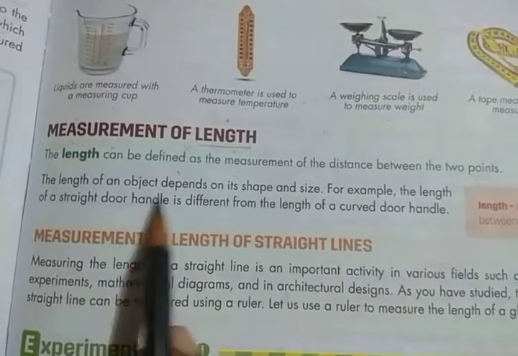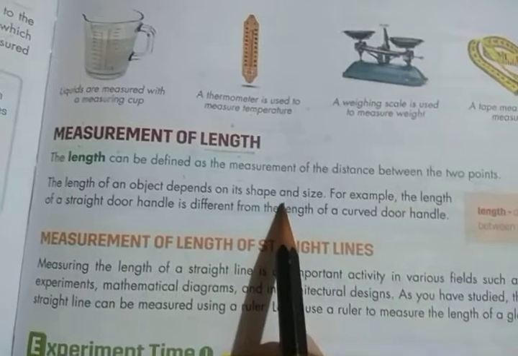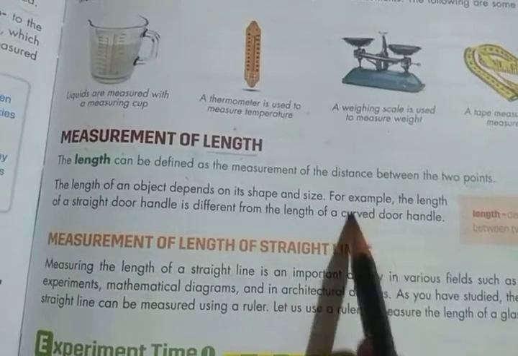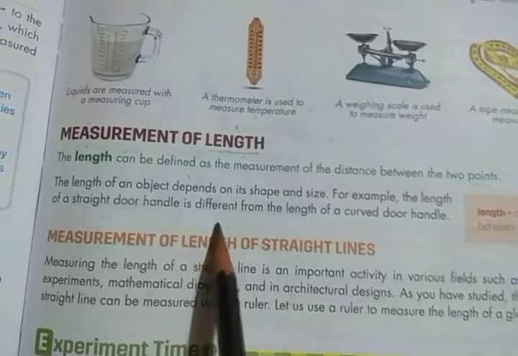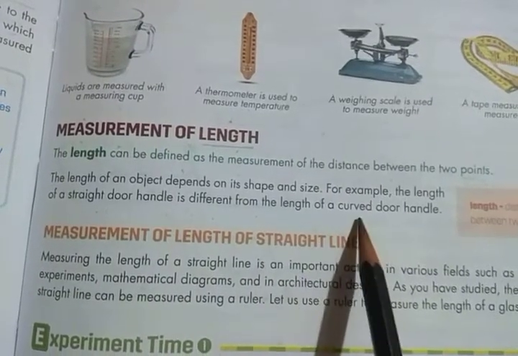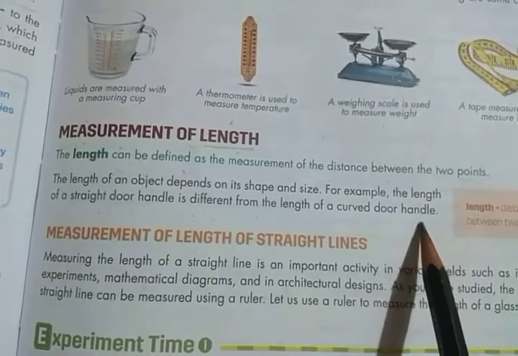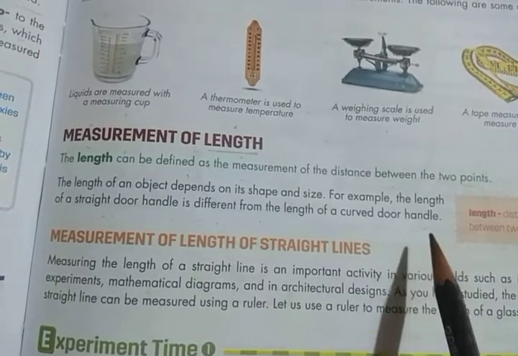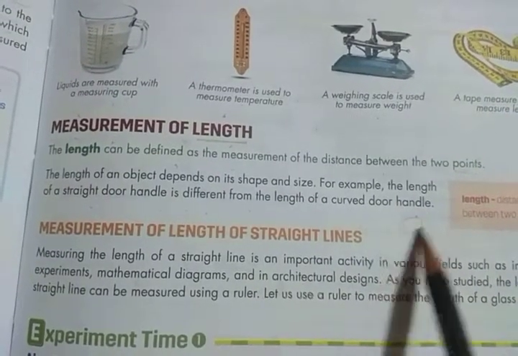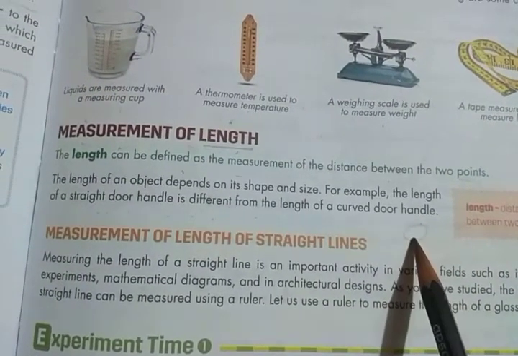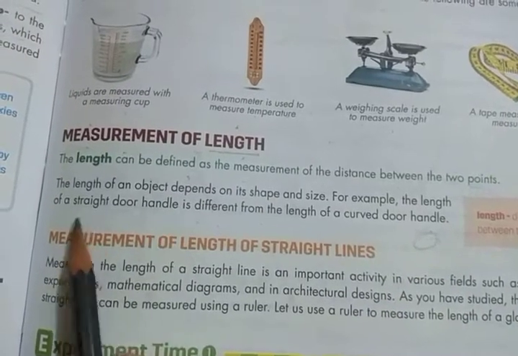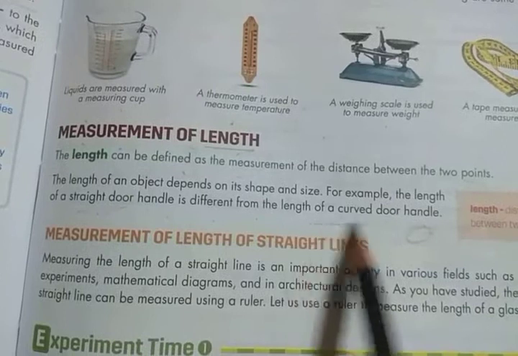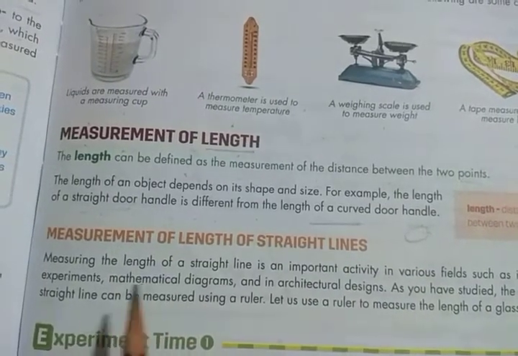The length of an object depends on its shape and size. For example, the length of a straight door handle is different from the length of a curved door handle. Curved means a circle shape, you can say, and straight means line segment. Clear?